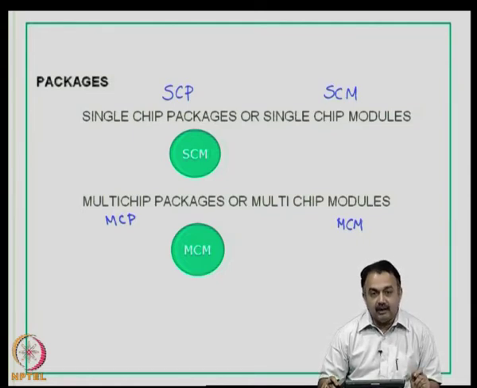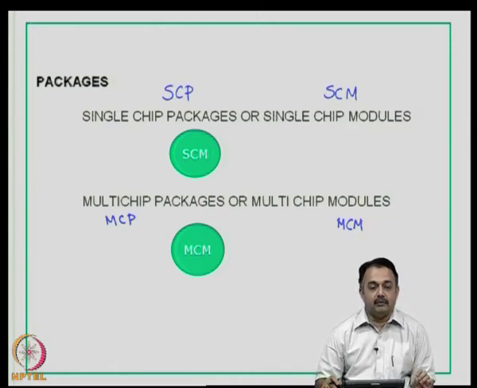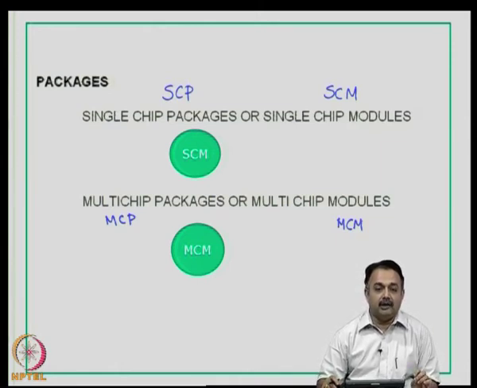Then, as the name indicates, multi-chip modules or multi-chip package, it means that that package will have two or more die interconnected on the same substrate. So, the first time definition for single chip package and multi-chip module or multi-chip package basically gives you an indicator that how many dies are present in the package form.